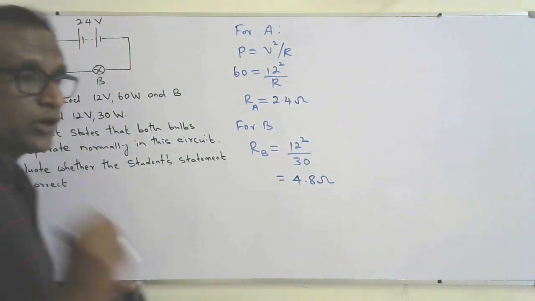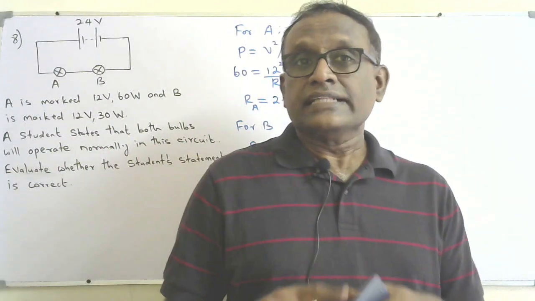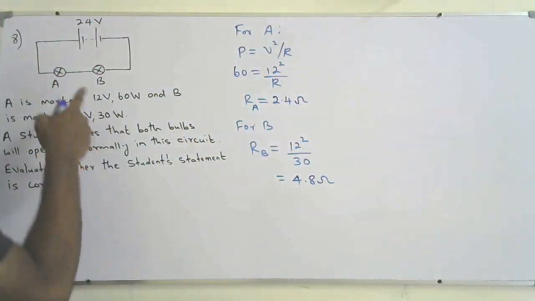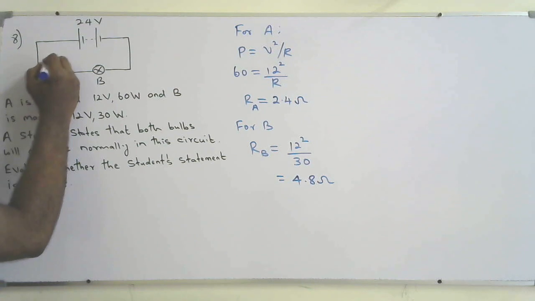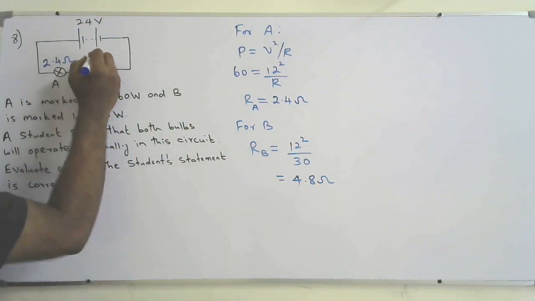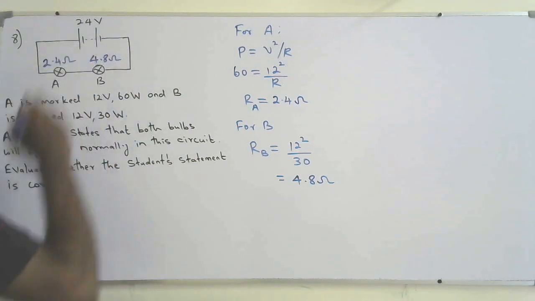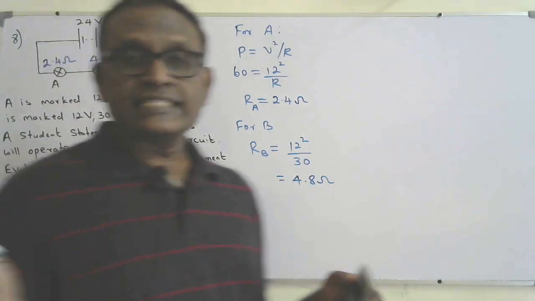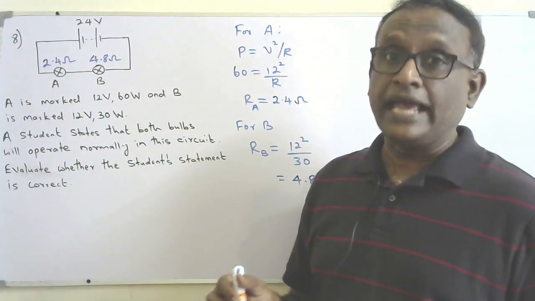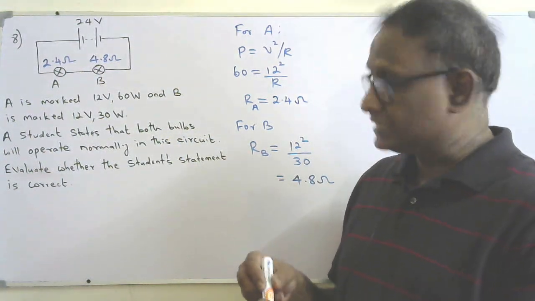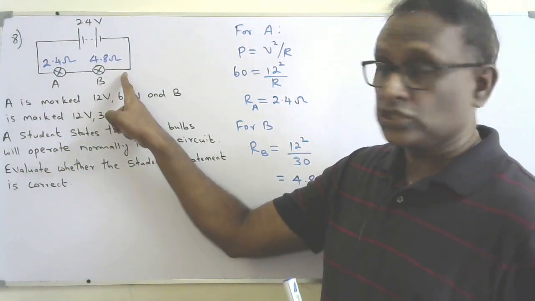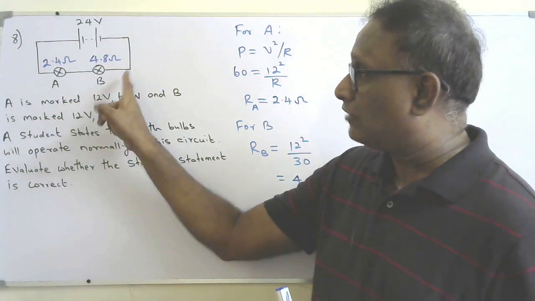Now look here, here's the problem starting, because they are connected in series, right? The resistance of this bulb is 2.4 ohms and the resistance of this bulb is 4.8 ohms. In series connection, the total applied voltage will be divided across them according to the ratio of their resistance. So the 24 volt will not be divided across them equally as 12 and 12.